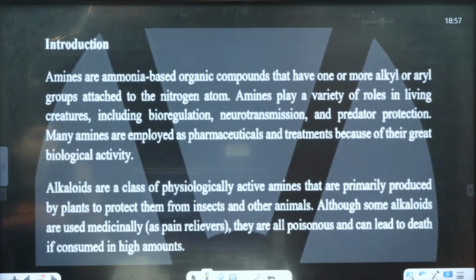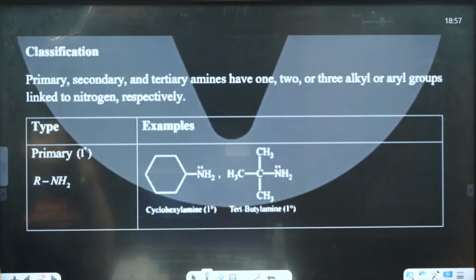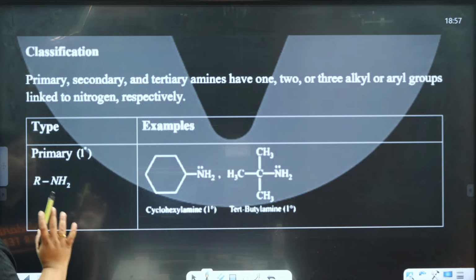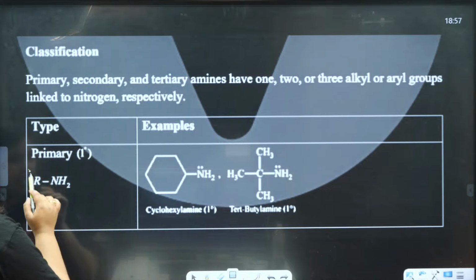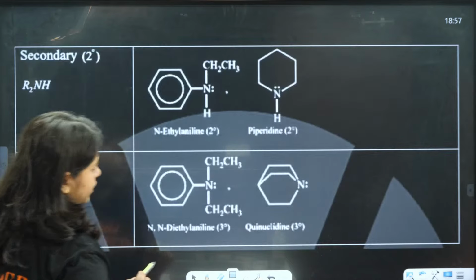So first is the introduction about the amines, and here is the primary amine, that is going to be RNH2. Primary, secondary and tertiary amines have 1, 2 or 3 alkyl or aryl groups linked with the nitrogen respectively. Means all the primary, secondary and tertiary amines are going to be attached with the nitrogen itself. Clear?